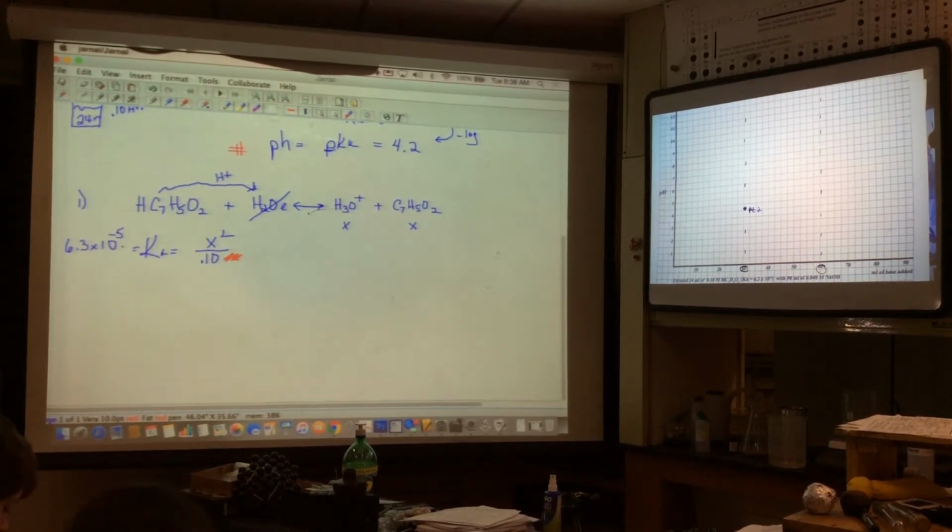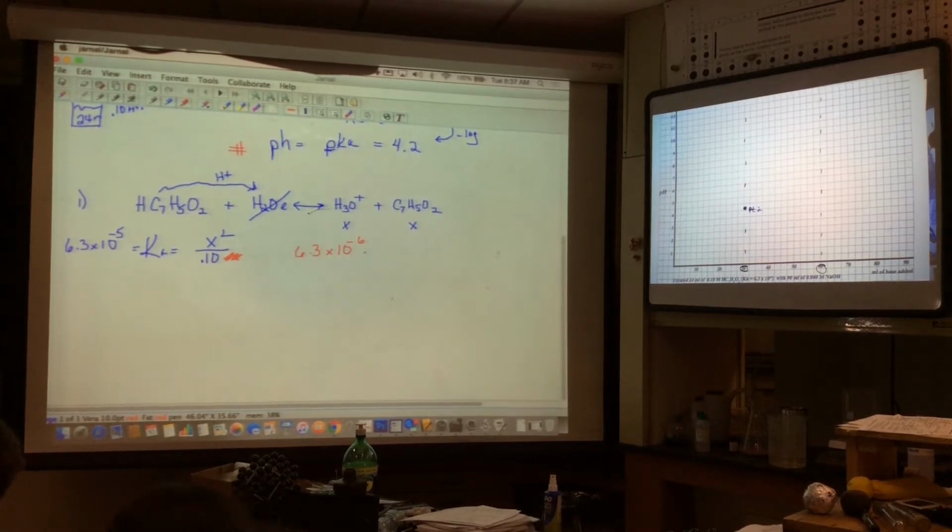0.1 times something that has an exponent of negative 5 is going to get smaller by 1/10. So when I multiply this together, this becomes 6.3 times 10 to the negative 6. You should be able to handle that without a calculator. Those are the kind of things you'll see in the multiple choice. Now, I get it if you can't square root 6.3.